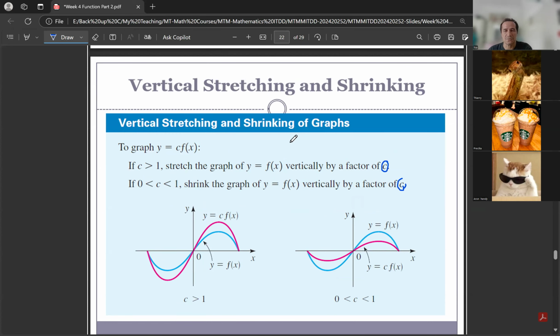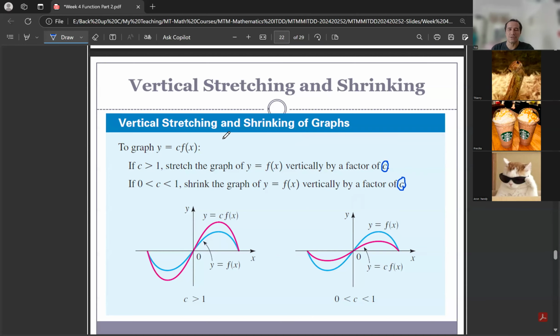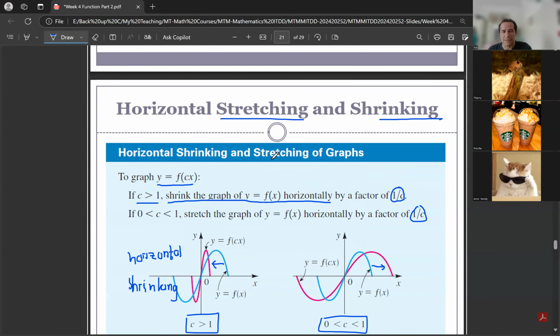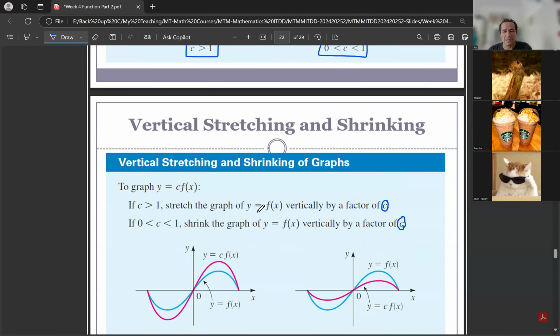So you must notice there are two different ways: horizontally the factor is 1 over c, vertically it is only c, not 1 over c.